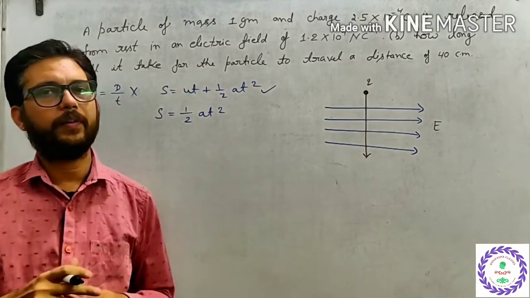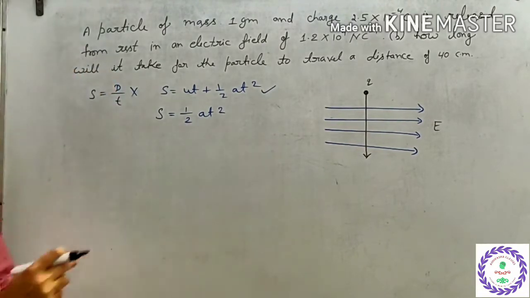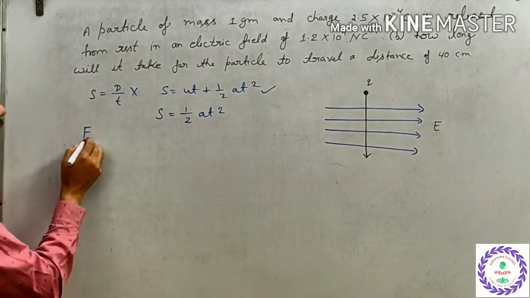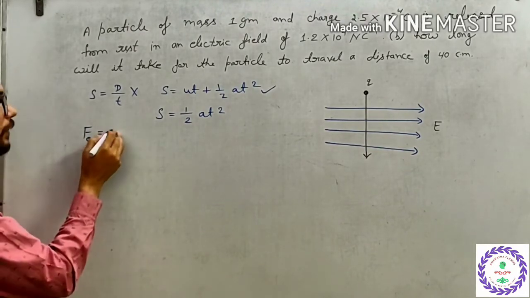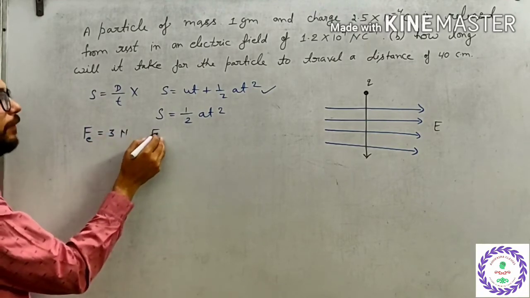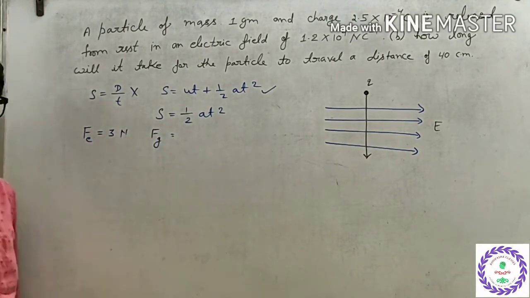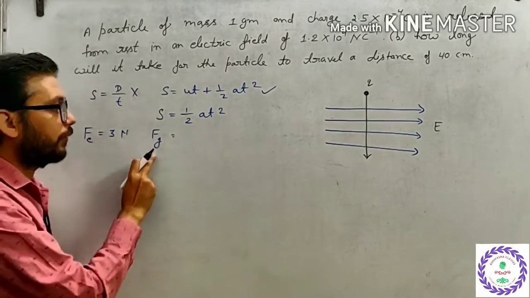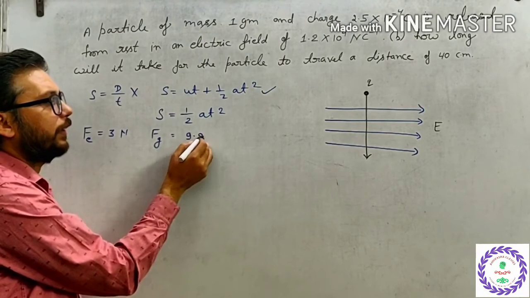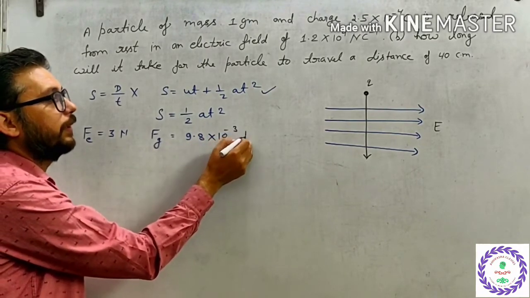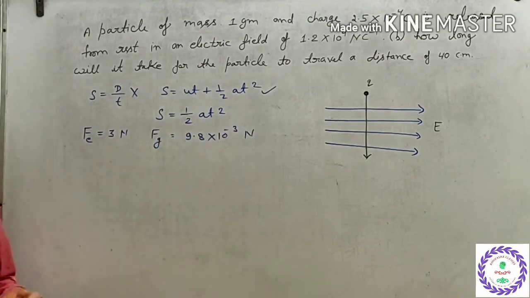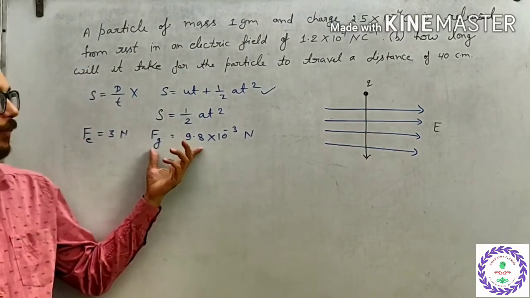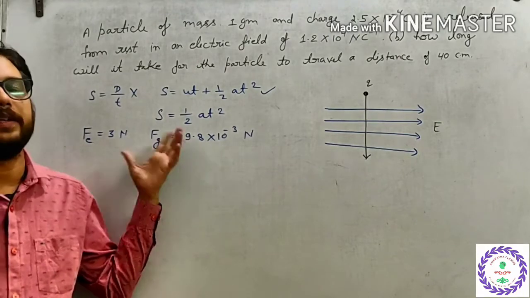Now how will we find acceleration? According to the first part, we have the electric force, that is 3 Newton. We have the force of gravity here, not gravitational force, force of gravity means weight, that is 9.8 into 10 to the power minus 3 Newton. Now in this question it is given that we have to neglect the force of gravity.